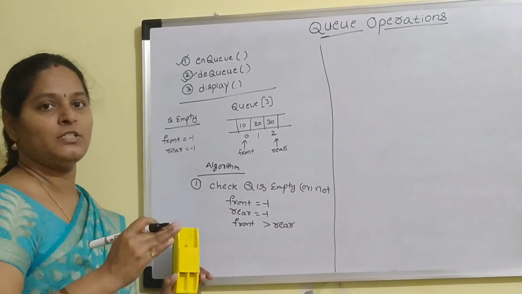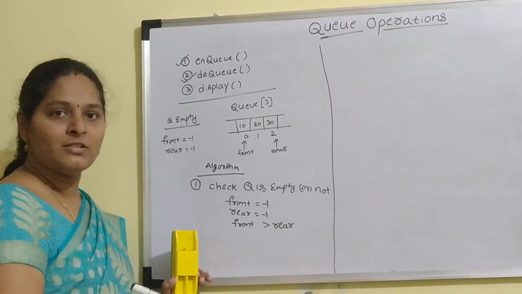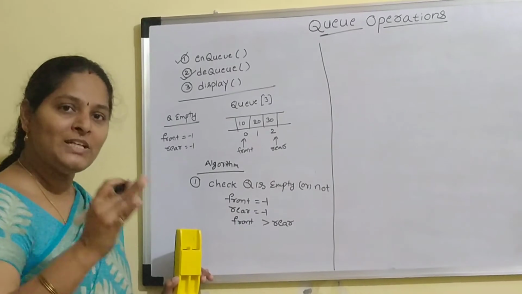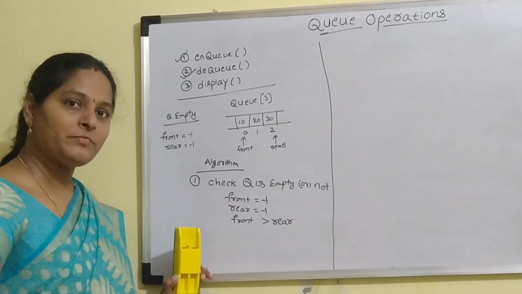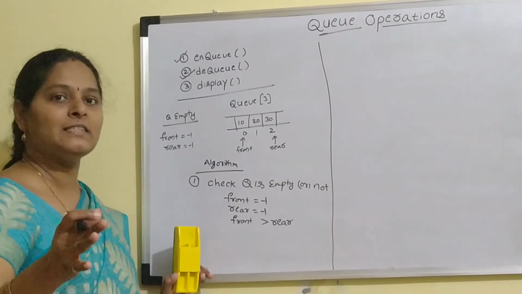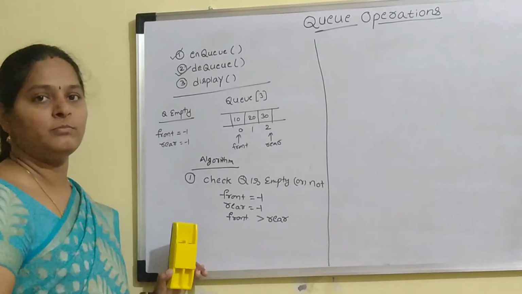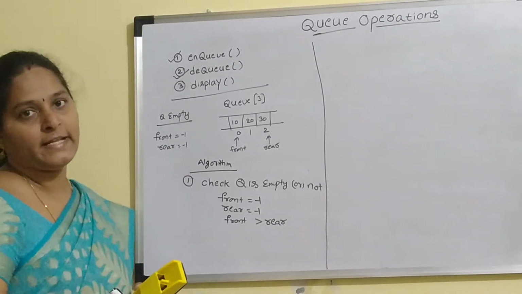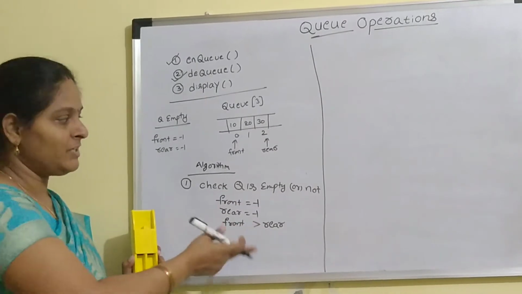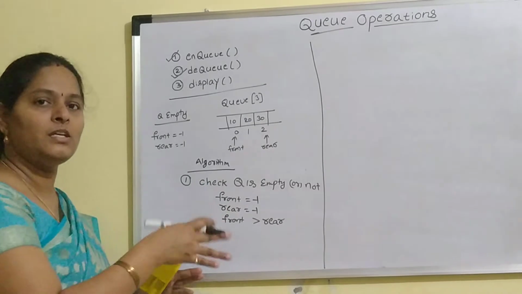That is also called an empty condition, because after the last element deletion, the front pointer increments by 1. The front pointer crosses the rear pointer. So that means after the Q becomes empty, the front pointer crosses the rear position. So these are the 3 conditions we can use for checking whether the Q is empty or not. You can use all 3 conditions or you can use any one of the conditions.